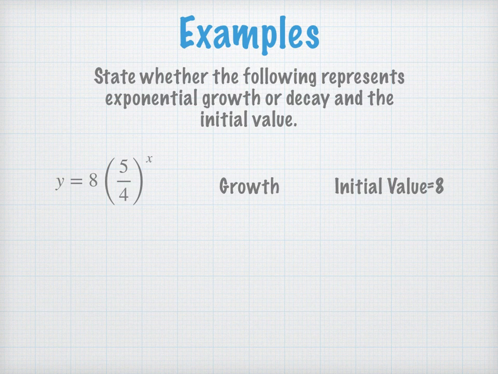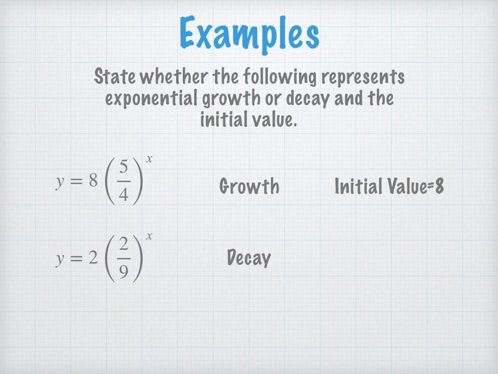Another way to think about your initial value is to plug in 0 for your exponent. So our exponent x, set that equal to 0. This would simplify to 8. So that gives you another way to find your initial value. Looking at our second example, y equals 2 times 2/9 raised to the x, we would say that this is exponential decay.